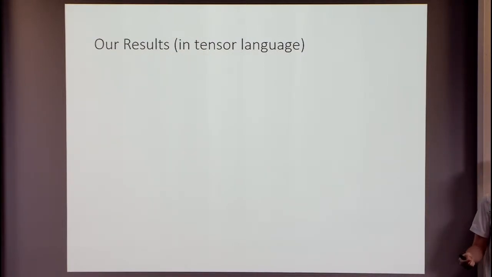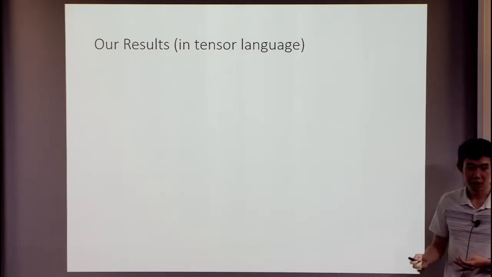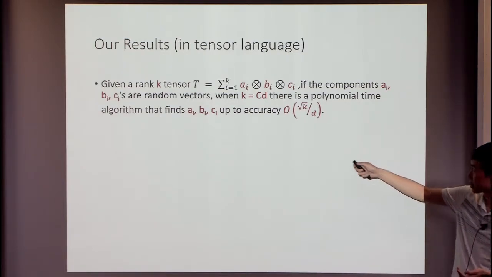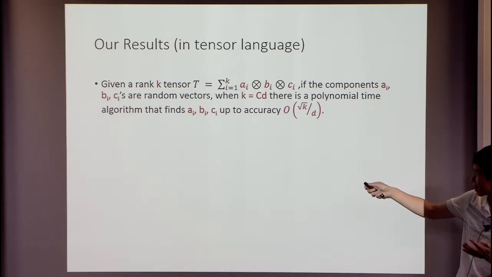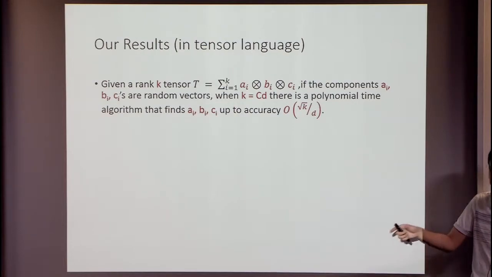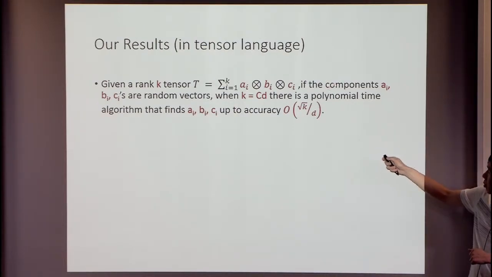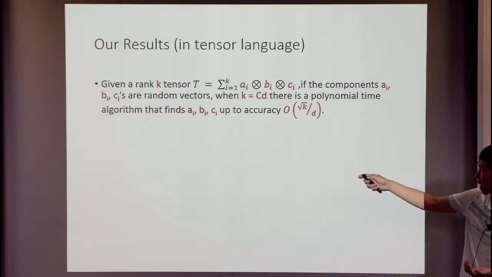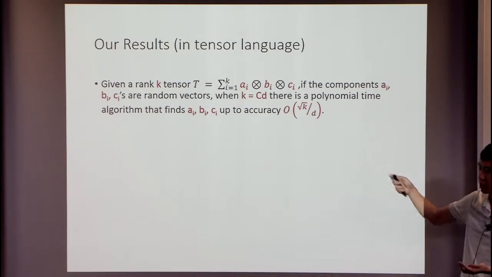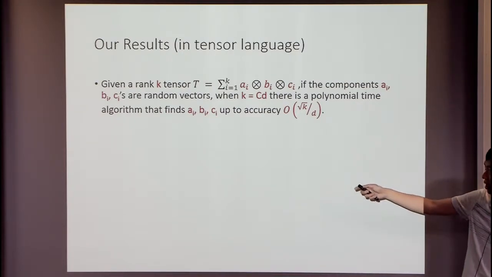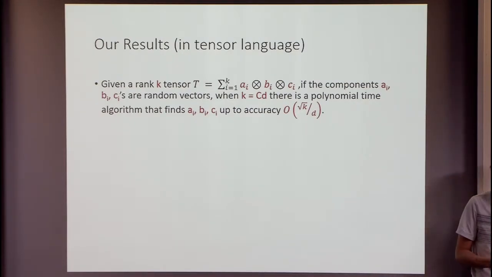So what are our results when we restate them in the tensor decomposition language? Well, in tensor decomposition language, our results show that if there is a rank k tensor that looks like this, recall this tensor is what we observe if we compute the expectation of the tensor product of the 3 views. So if these components, ai, bi, ci's, are random unit vectors, and the number of components is just a constant times larger than the dimension d, then there's a polynomial time algorithm that finds all these components up to accuracy order square root k over d.